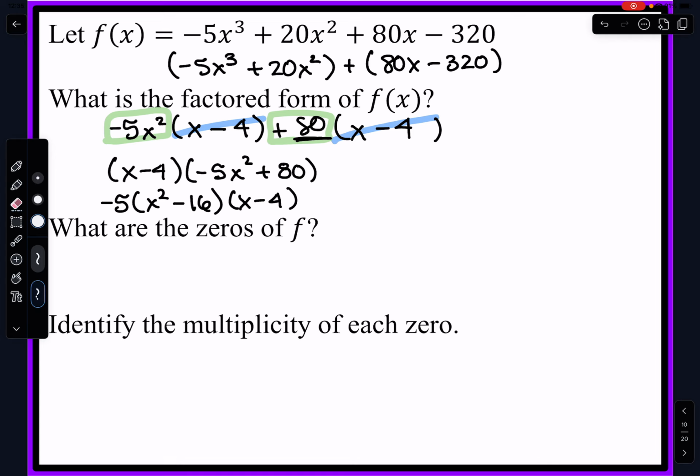Now look at this. This is the cool part right here. Now I have a difference of squares. So I can break this up by the definition of difference of squares. If I take the square root of 16, which is 4, I can break up this binomial into the following factors. So I have negative 5, and I'm going to write it in blue. I can break that apart, highlighted in blue, as x plus 4 and x minus 4.